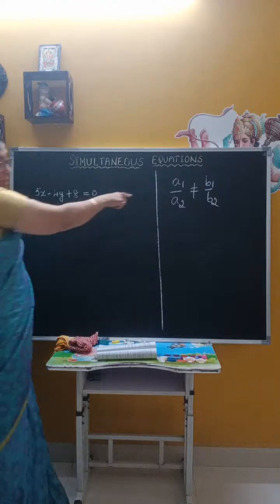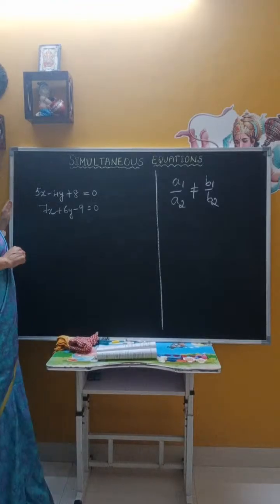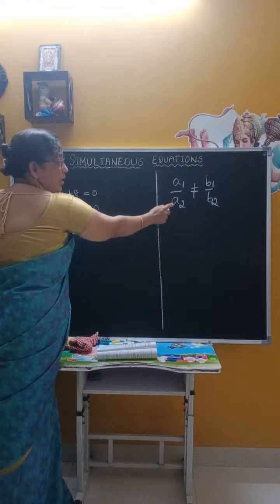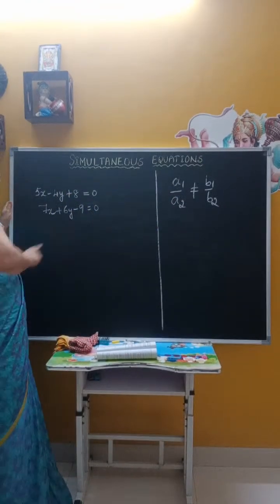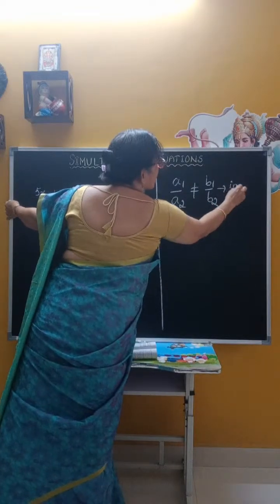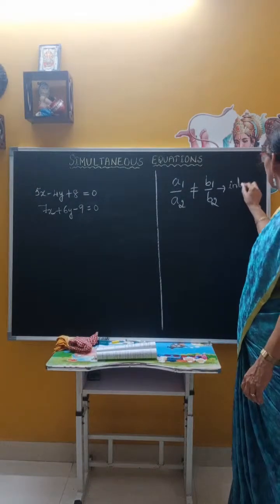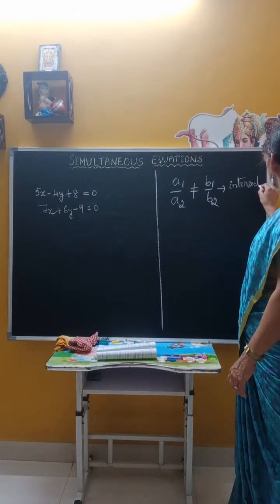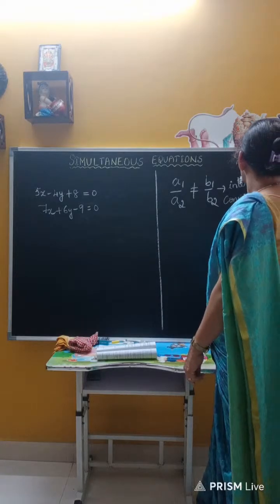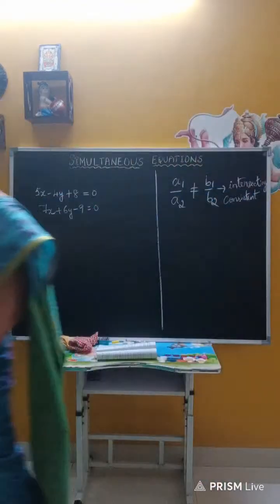If this ratio, that means the ratio of a1 and a2 and b1 and b2, is not equal, then we say the lines are intersecting lines and the solution is consistent. This is for the first case, for intersecting lines, and solutions are consistent.